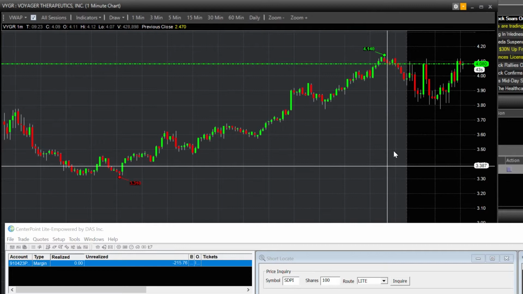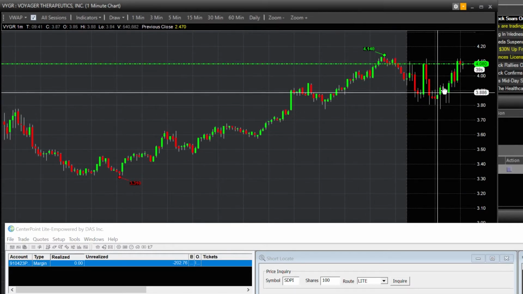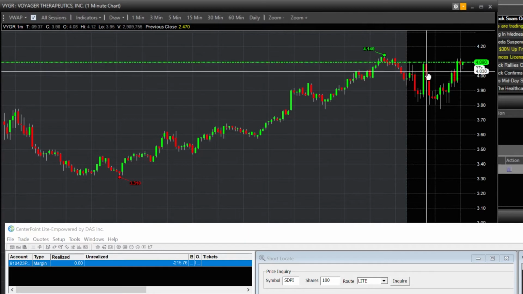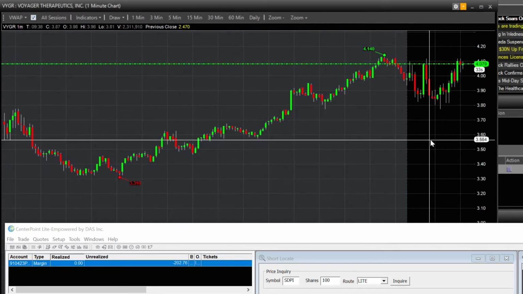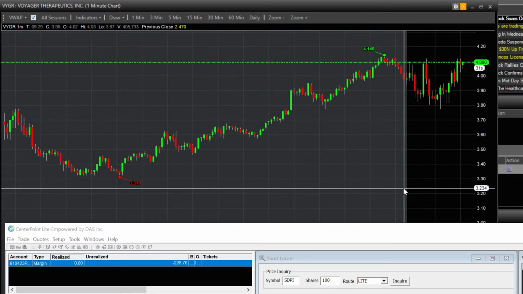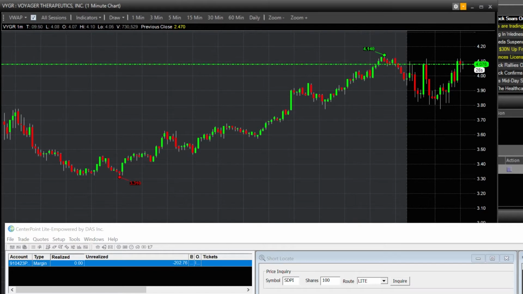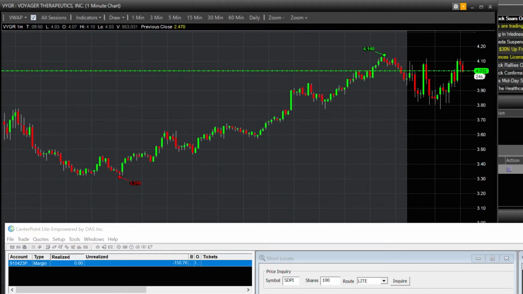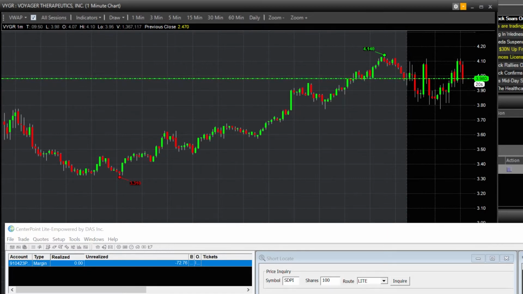It looks like there's some kind of pullback, but not strong enough. I'm waiting for something like this, so I can totally just keep spiking, which it does. Oh, that's a nice pullback.